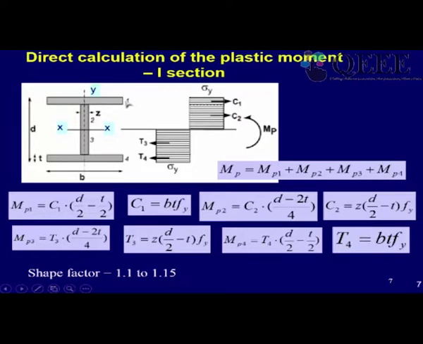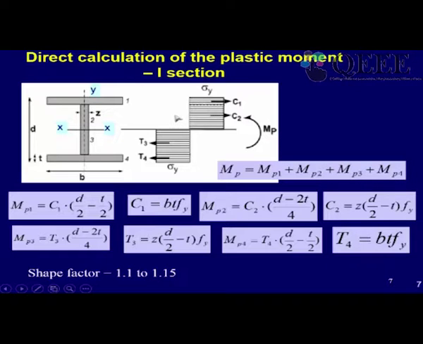B is the width of the flange; actually BF is the width of the entire flange, but this entire flange can be looked upon as made up of 2 component plates, of width B which is BF by 2 and thickness TF, the thickness of the flange. So if the B by T ratio of the flange is beyond a limit, then this flange locally buckles before the web can start yielding and I will not reach MP.